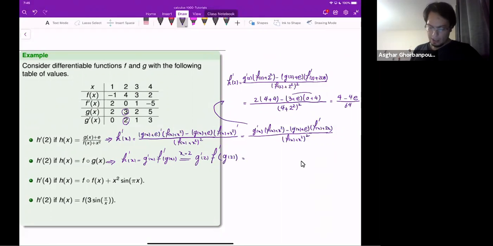G prime at 2 is already 2, I know that. For f prime, I need to know what g at 2 is. G at 2 is 3. And now f prime at 3 is 1. So I have 2 times 1, which is 2.